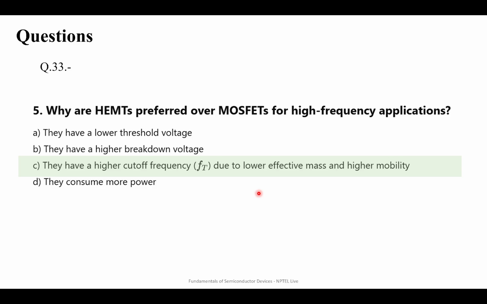The answer is they have a higher cutoff frequency due to lower effective mass and higher mobility. So the mobility is higher, therefore the cutoff frequency is also higher. And cutoff frequency means the frequency at which you still have the gain. You can still differentiate between on and off regions.